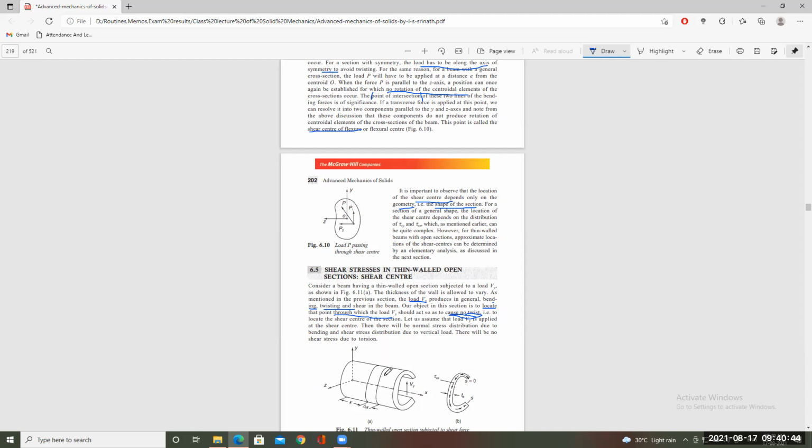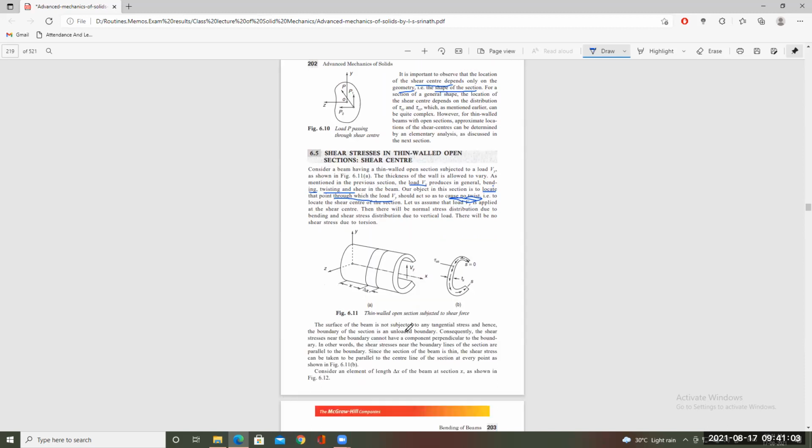As a bending moment is created at each section, it gives the normal stresses, and a shear stress is also created, as the load is totally vertical in nature. There should be no shear stress due to torsion itself.